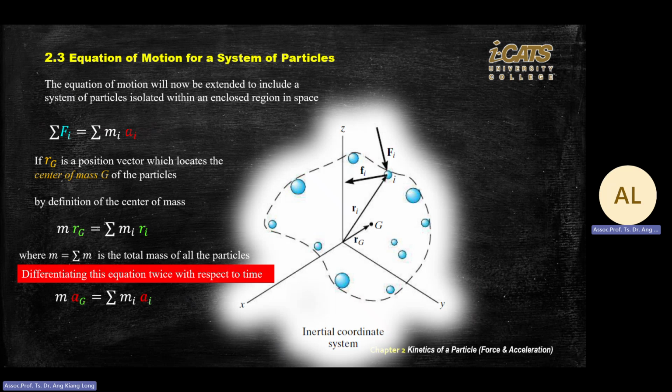So you differentiate this equation: R is the distance, you differentiate twice, and you get acceleration. So you convert to ma at the center of mass, and you get forces, because Newton's second law tells you F equal to ma.